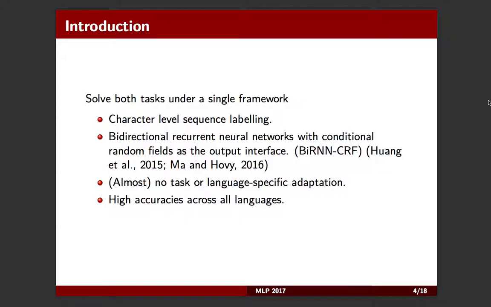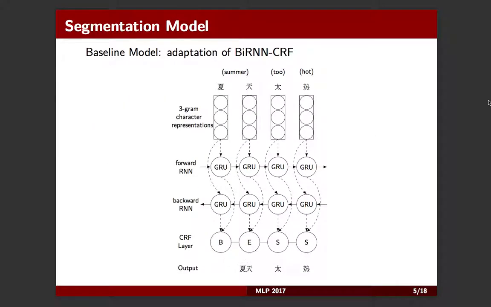So our model is completely data-driven with almost no task or language-specific adaptation, and also based on the evaluation results, we can see that the model is very effective and achieves very high accuracies across all the languages. So this is a general overview of the segmentation system.